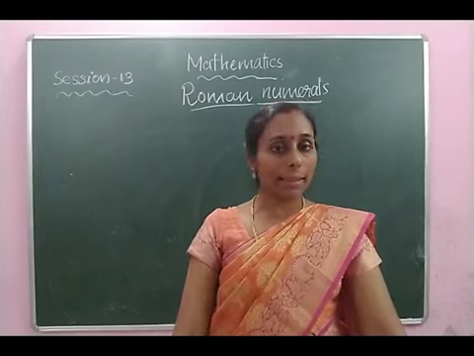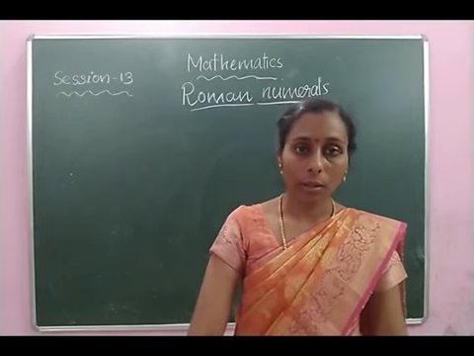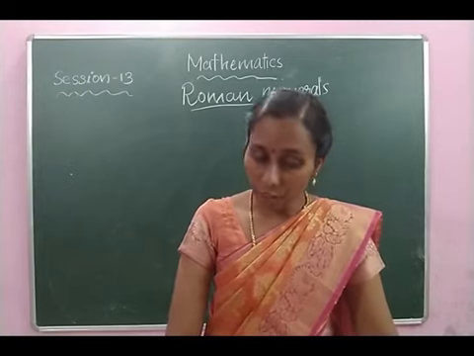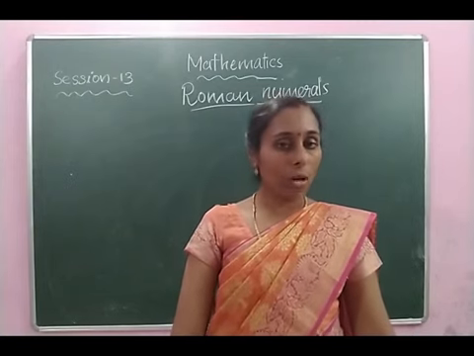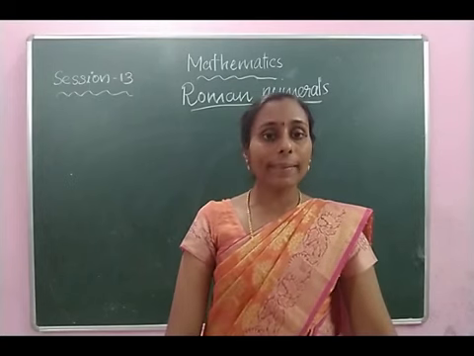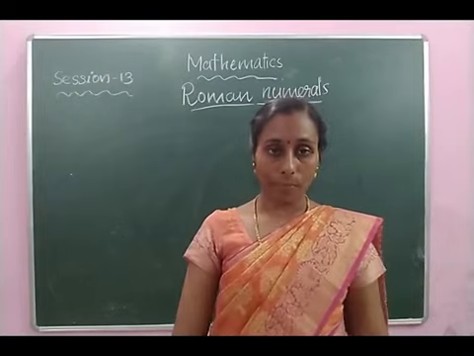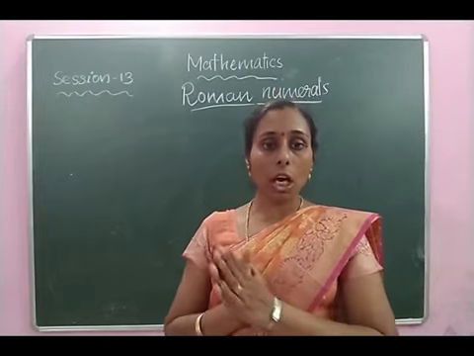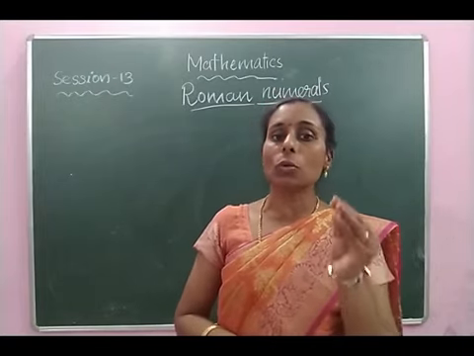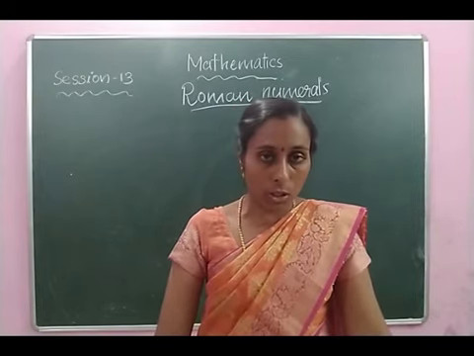Last class we started Unit 2, Roman numerals. We use Hindu Arabic numerals, and the ancient Romans used Roman numerals. That means instead of numbers, they use some alphabets to form all other numbers.